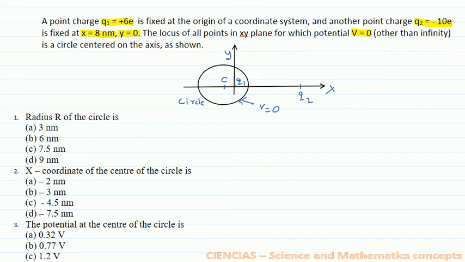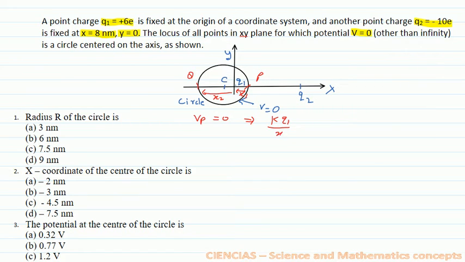Number one, we have to find the radius of the circle. For the radius, we consider this point to be P and this point to be Q. Now potential at P is equal to 0, because on the circle the potential is 0, which implies that kq1 upon x1, where x1 is the distance from the center, and the distance from charge q1 to the point Q is x2.